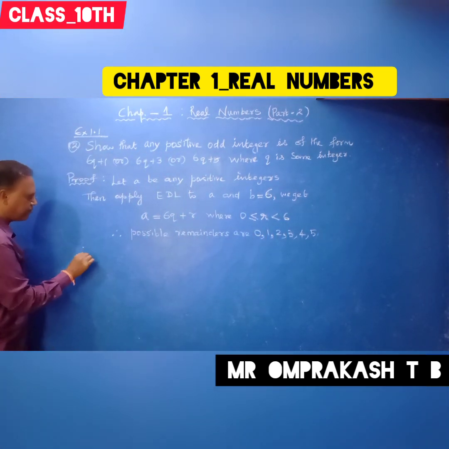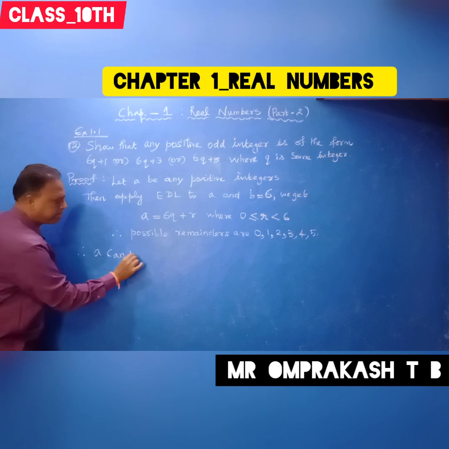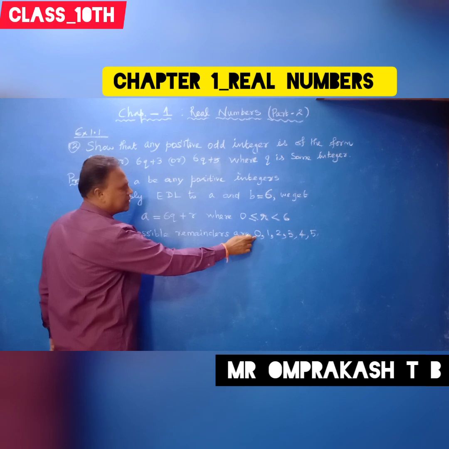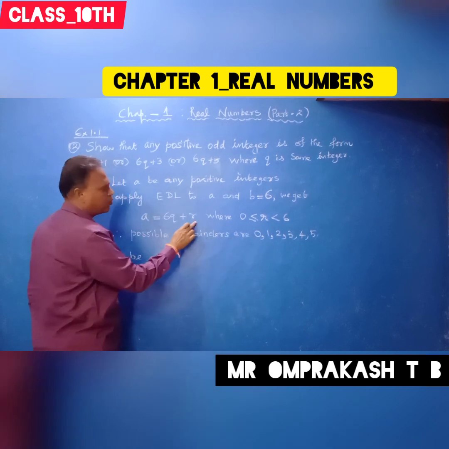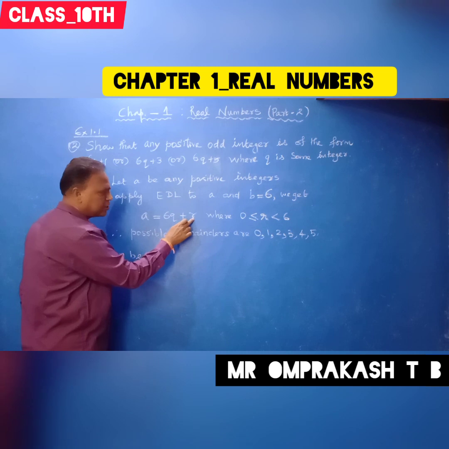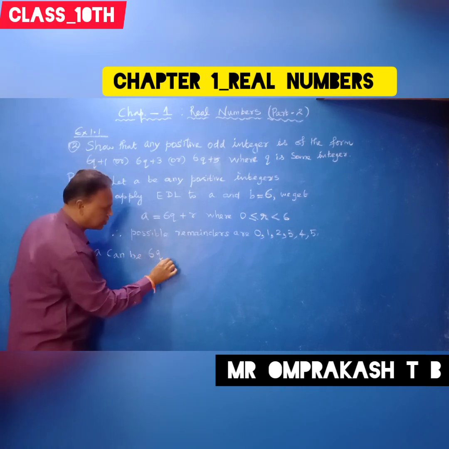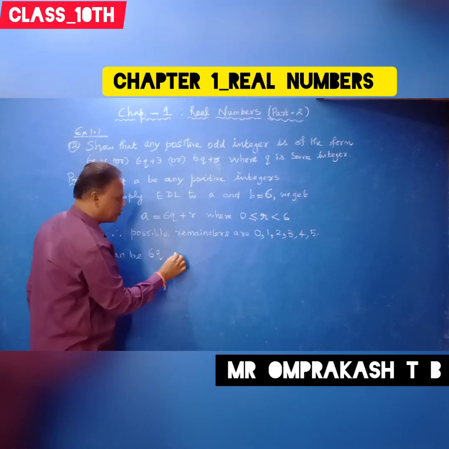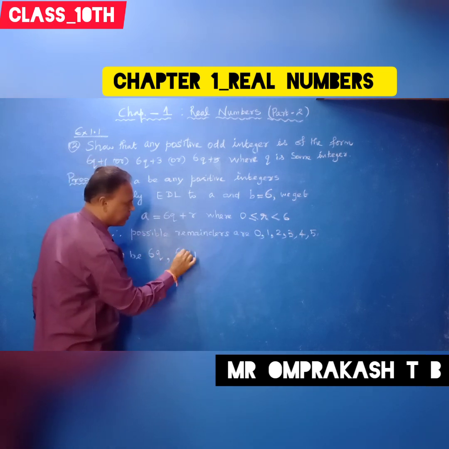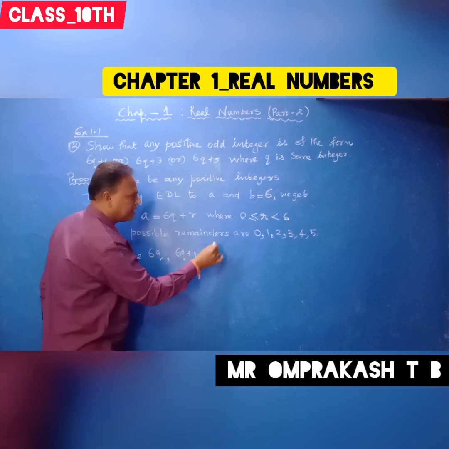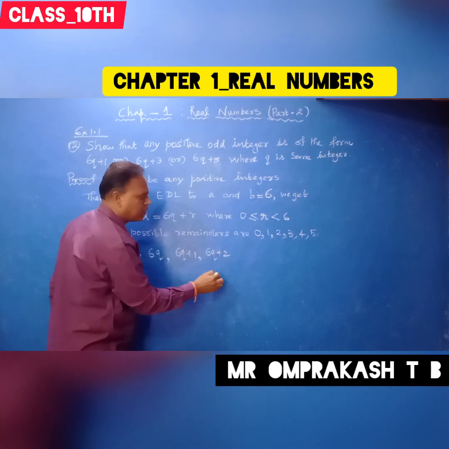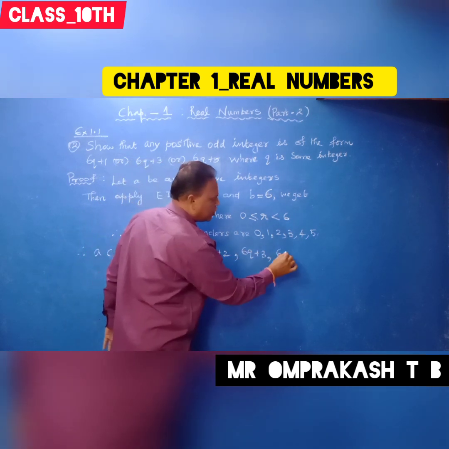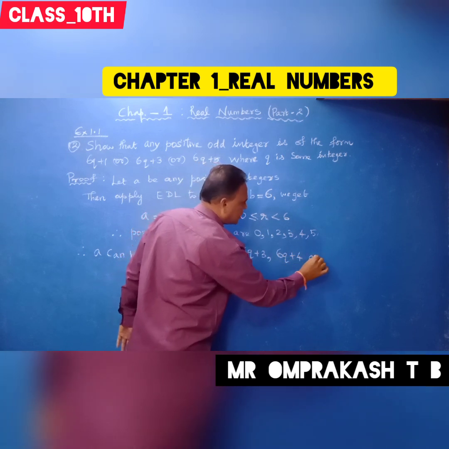Therefore, a can be, you put that remainder value 0, you will get 6q. Then remainder 1 means 6q plus 1, then 6q plus 2, 6q plus 3, 6q plus 4, and 6q plus 5.